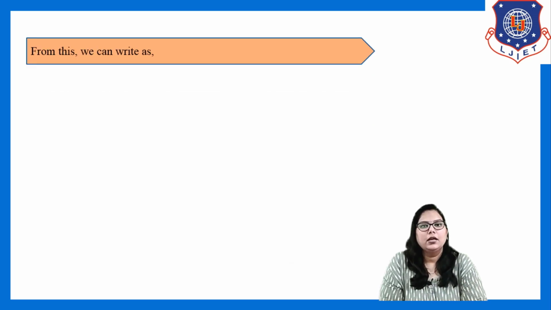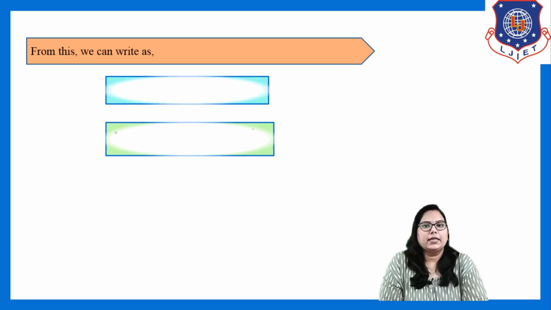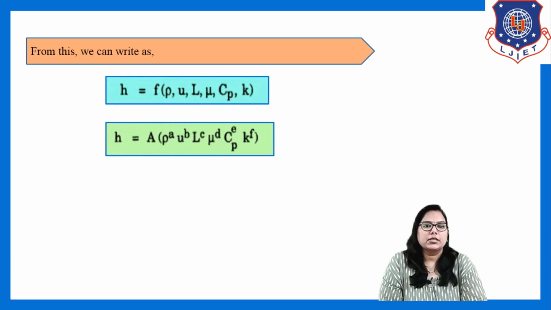So from these we can write that h, the heat transfer coefficient, is a function of rho, u, L, mu, Cp and k. I can write this equation by giving a power to all the variables, small a, b, c, d, e and f.